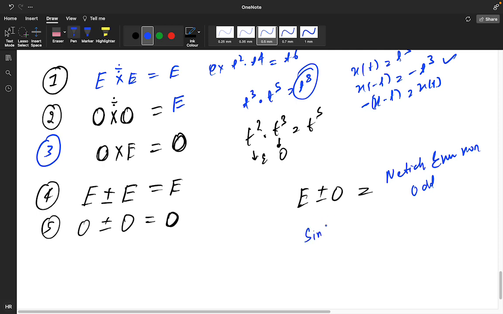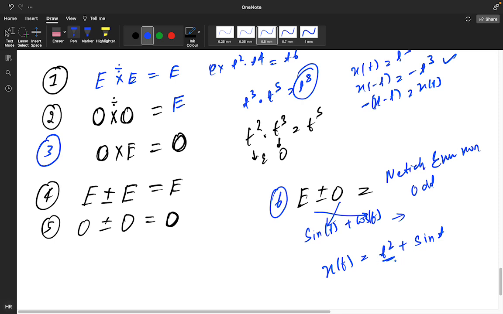Example: sin t plus cos t. Sin t is an odd function and cos t is an even function, so this is neither an even nor an odd signal. You can check it like this: x of t equals t square plus sin t.